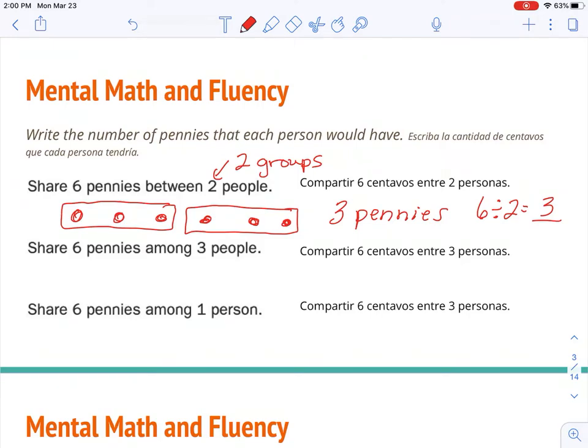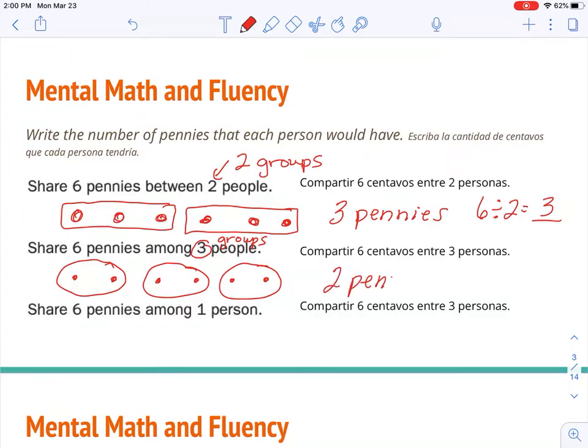So you have 6 pennies still, but this time you have 3 people. If you're using your manipulatives, take your pennies and split them into 3 groups. If you did that, you should have had 2 pennies per group.